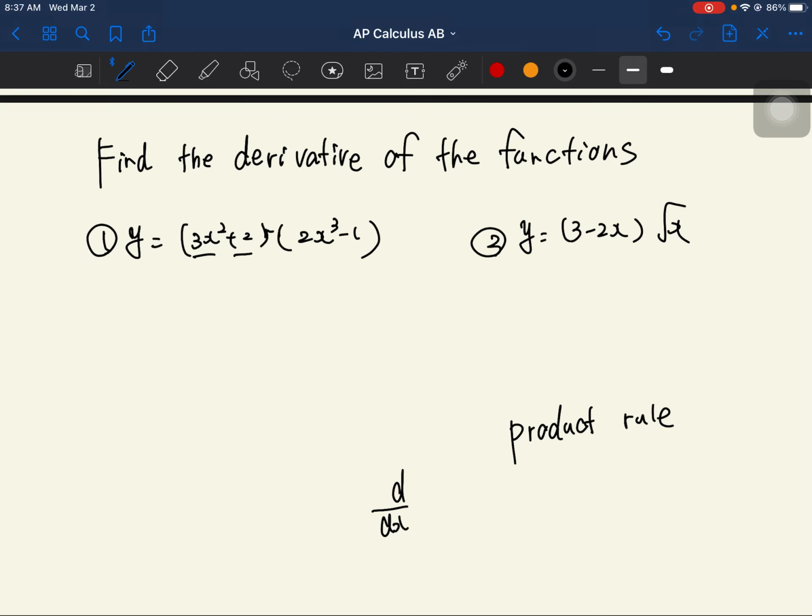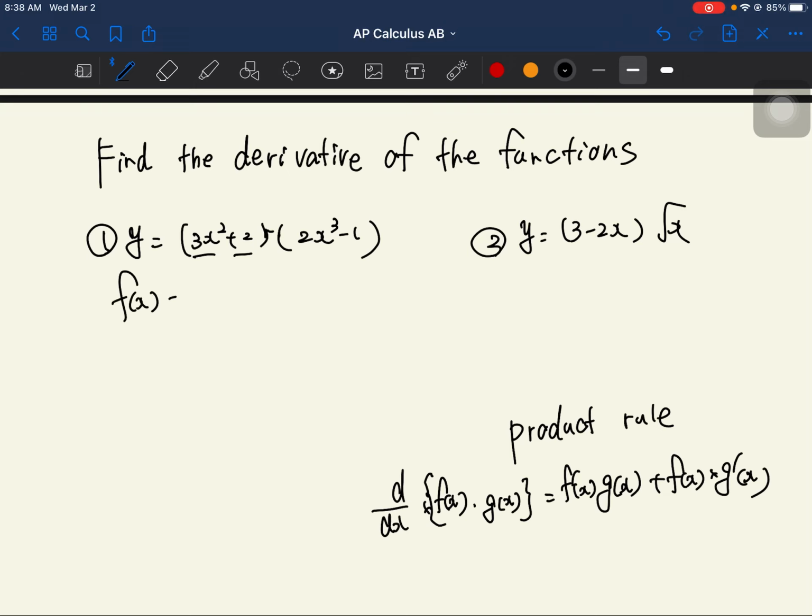If you want to find the derivative of a product, like some function times some function, it's going to be f prime of x times g of x plus f of x times g prime of x. It might look complicated, but if you remember that, it's actually easy.